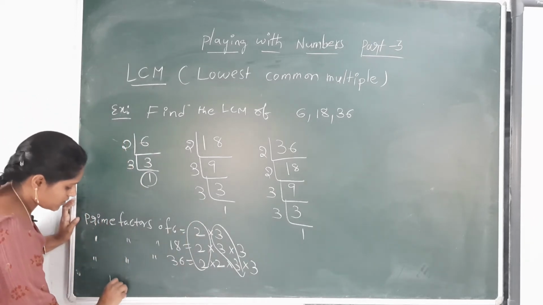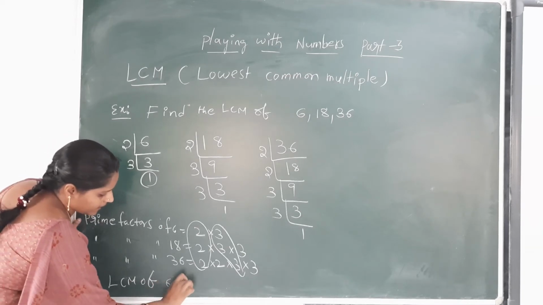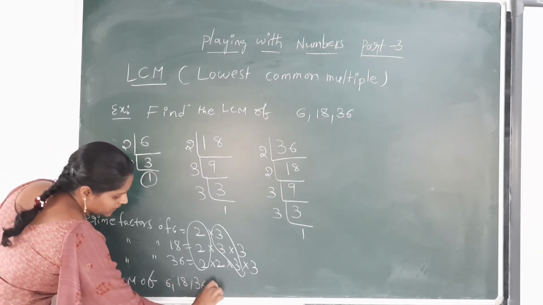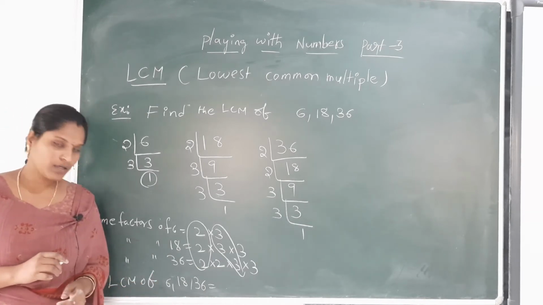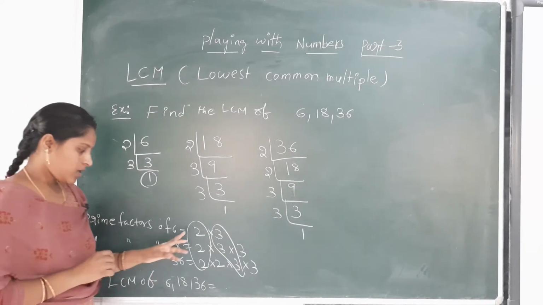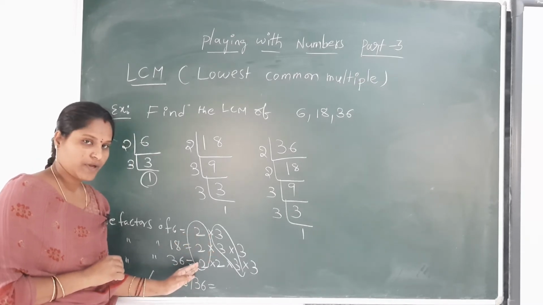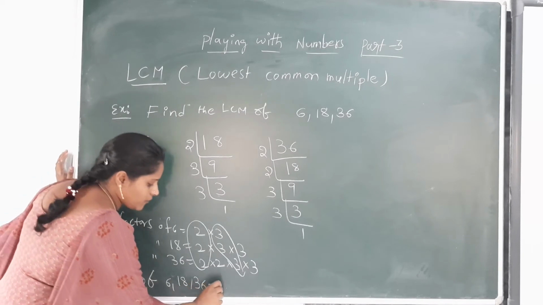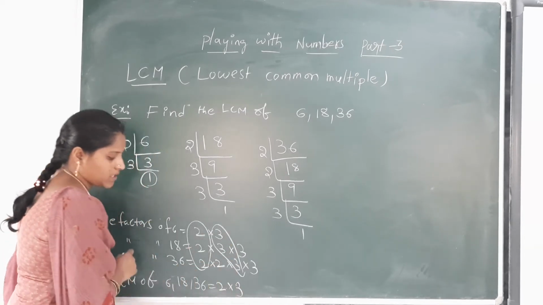Next, find the LCM of 6 and 18 and 36. First take the common factors. From these 3 common factors we have to take 1 factor, that is enough, 2. And from these common factors 1 is enough.